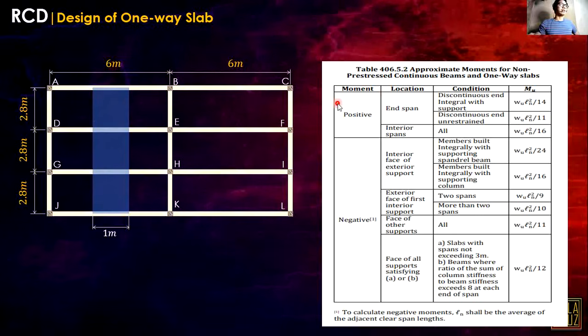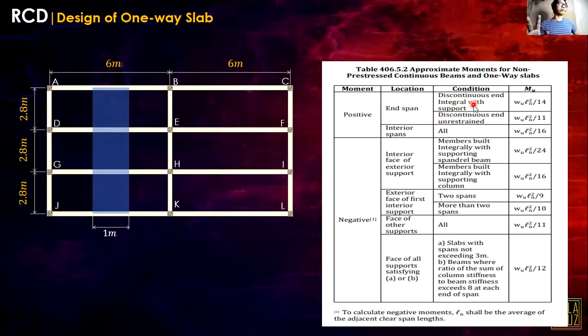Okay? For positive moments, so may pagpipilian tayo dito. As you can see, this one is the end span ng ating slab. So, we'll be focusing on this one. This one is interior span. So, this is end span. So, focus tayo dito. So, end span. Then, may category tayo dito for conditions. Discontinuous and integral with support. So, ano yung integral with support?